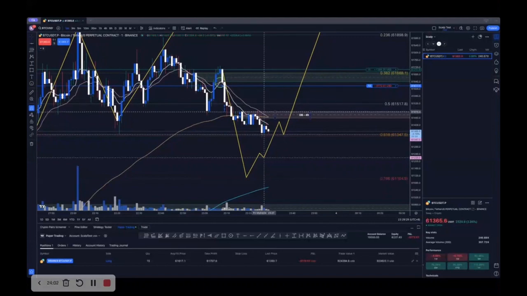It's interesting how this block sits right at this swing low too. Okay, showing signs of breaking through the 618 or closing back up.